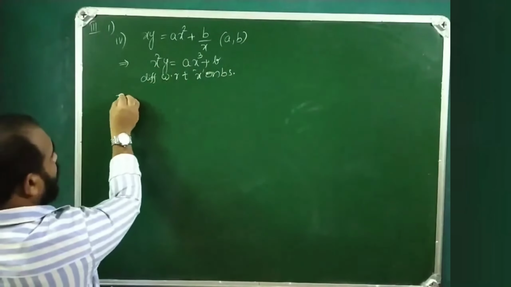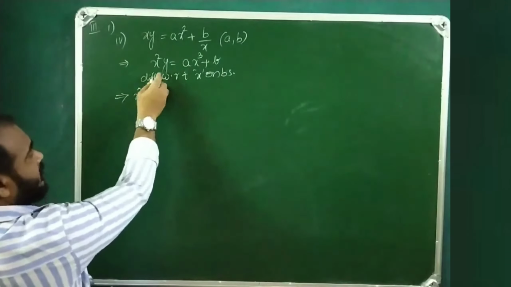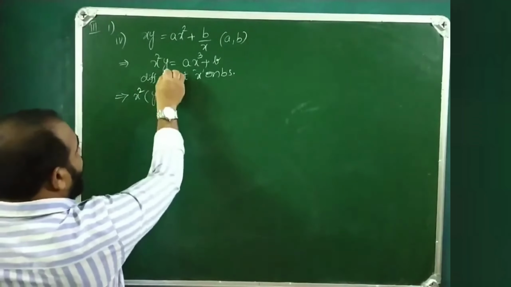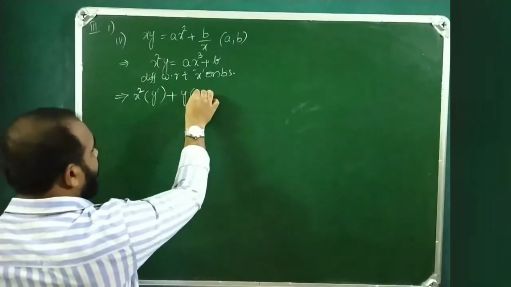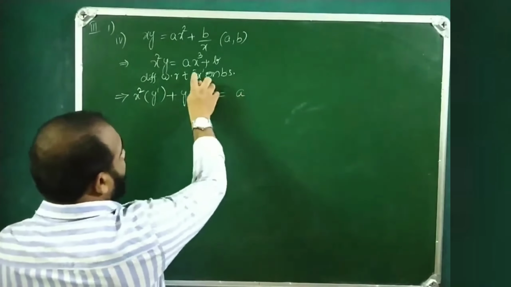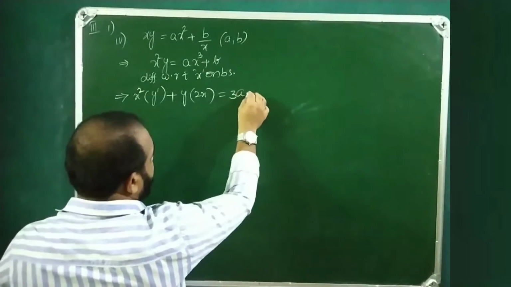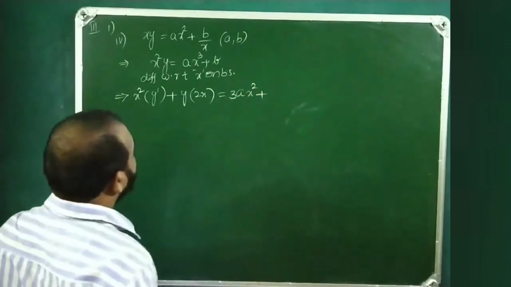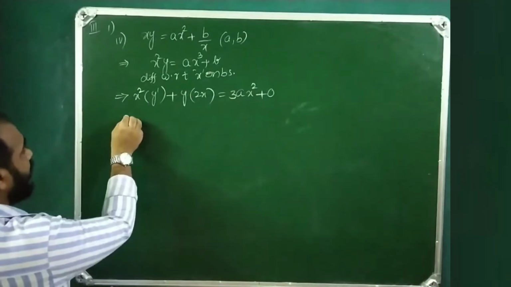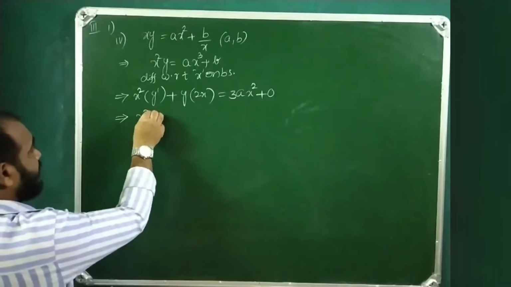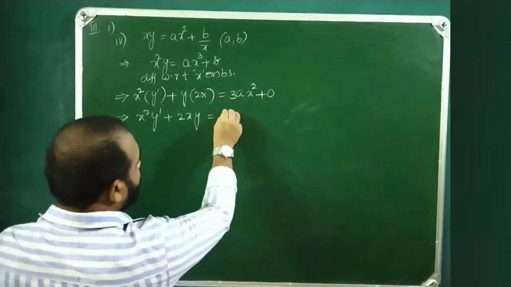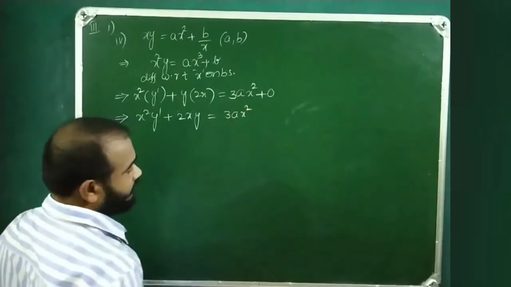This is equals to x square into d by dx of y is dy by dx, that is y dash, plus y into d by dx of x square is 2x, is equals to a constant, x cube derivative is 3x square, plus d by dx of b constant derivative is 0. Therefore we get x square y dash plus 2xy is equals to 3ax square.